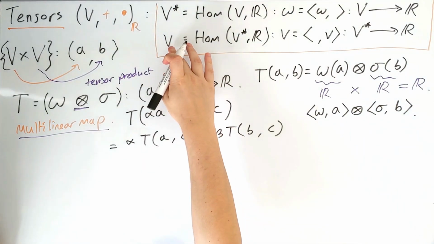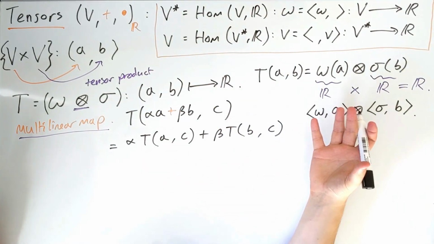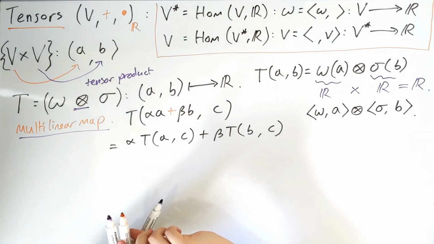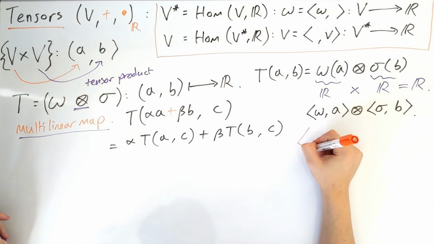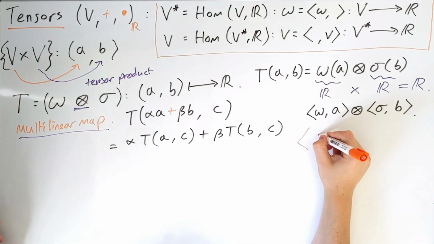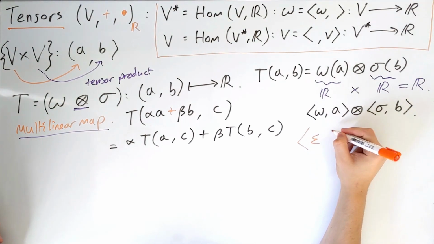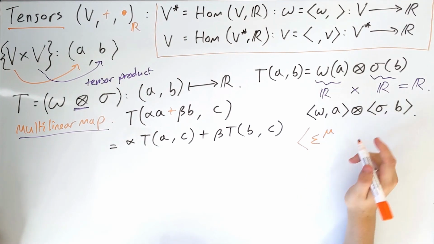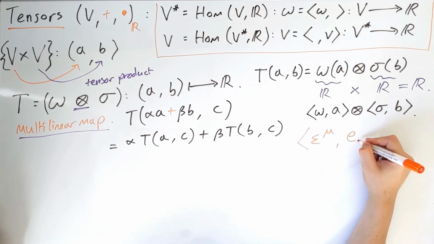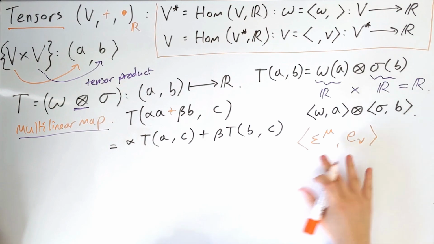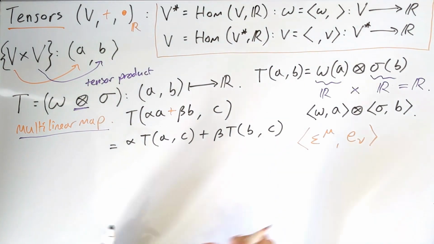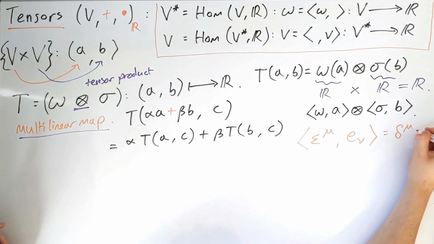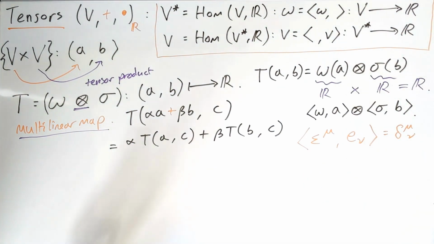So we know that for our vector space and its dual, we have a basis where we defined the basis vectors according to the following rule. So we have epsilon, I'm going to use Greek indices, epsilon mu being the dual basis, and then the vector basis. We defined them through the rule that when you map the basis vectors, this is just equal to the Kronecker delta.